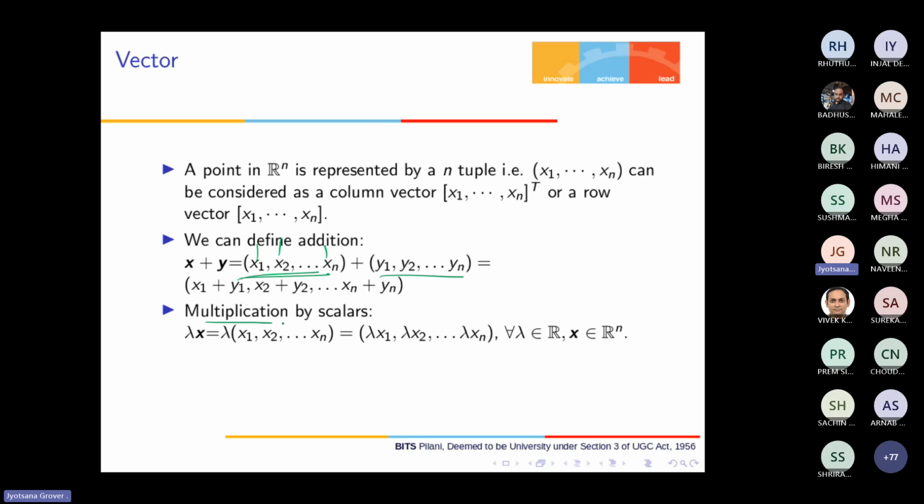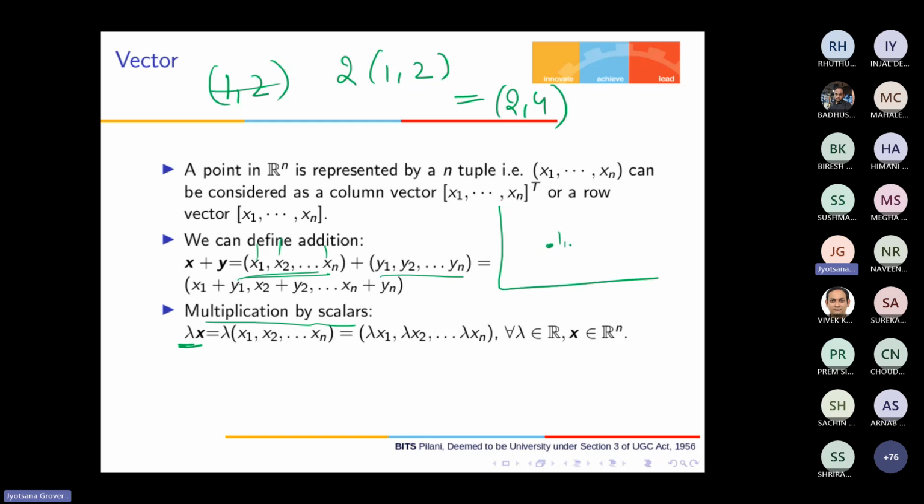Now let's talk about multiplication by a scalar. For example, if my vector is 1, 2, and I multiply it with a scalar, which is allowed, where a scalar is any real number, you get 2, 4. That means you are stretching the vector. Earlier it was 1, 2, now it goes to 2, 4.